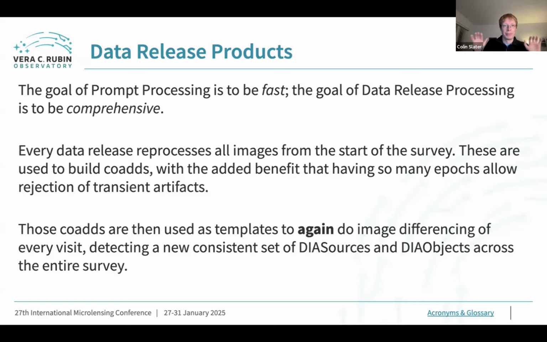But we're not losing any of the time domain information, because we're also using those static sky coadds to then do image differencing again, much like we did in the prompt processing, but on every single image that we have taken that goes into this data release. So the data release itself will also contain a consistent set of DIA sources and DIA objects over the entire survey.